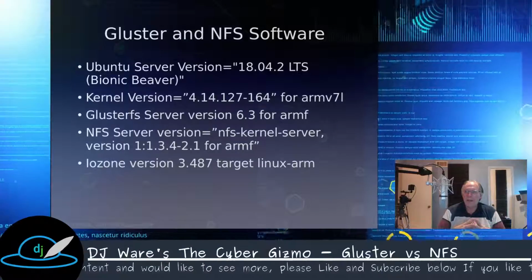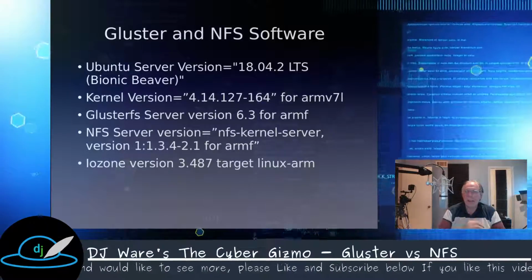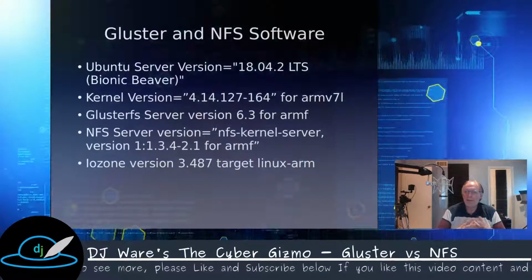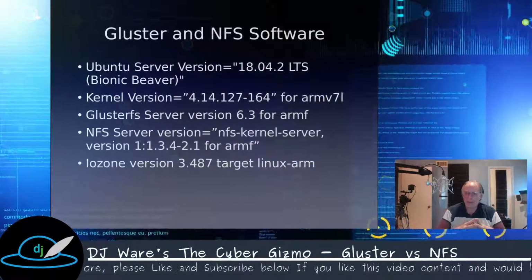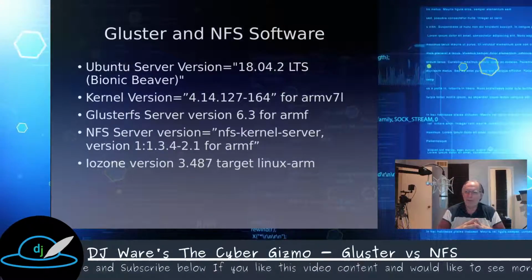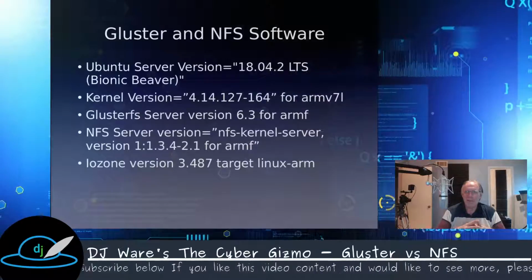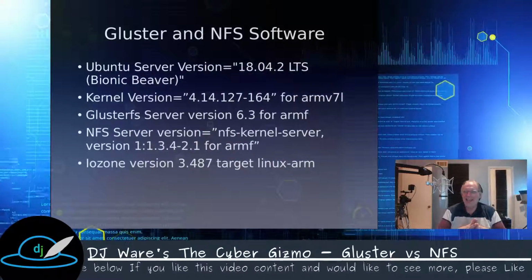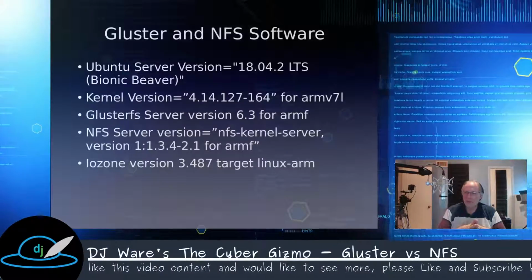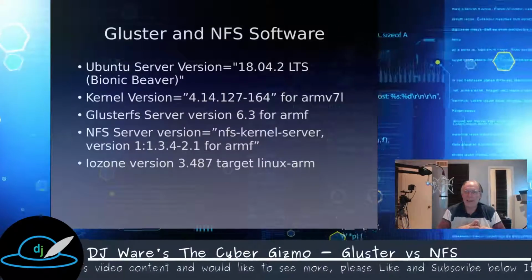The GlusterFS server version is the latest at the time of this video, and that's 6.3. The NFS server version is the NFS kernel server, and that is 1.3.4-2.1 for armhf. Wow, what a mouthful! I don't know if they could make that a little simpler with their versions, but for some reason that's the way they do it.